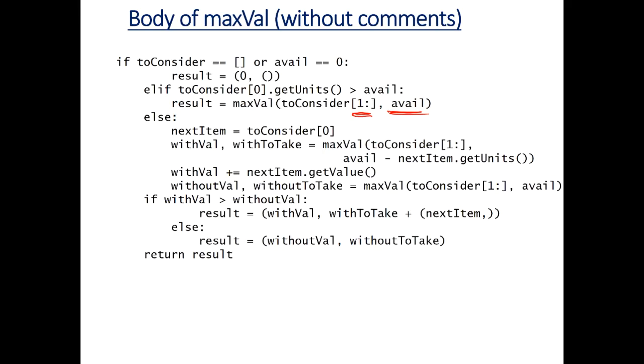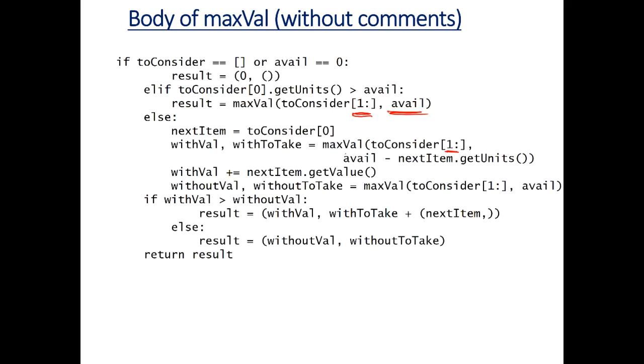Otherwise, we'll go to next item is to consider of 0. Now we know we can take it, and then we're going to get with val, with to take, equal to the maximum value of, again, the list without that first item. So that doesn't change.